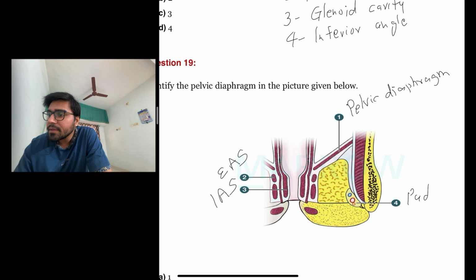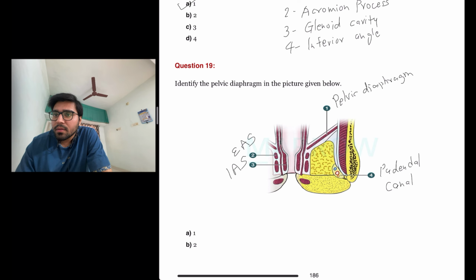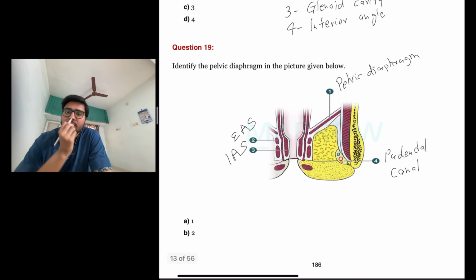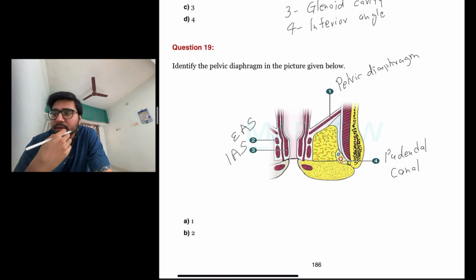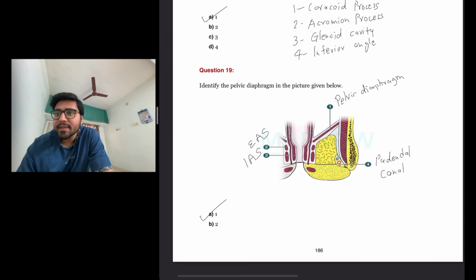And the fourth one is pudendal canal, which gives the space to pass out the pudendal vessels and pudendal nerve. So the pelvic diaphragm in the picture given below is number 1. That is, A is the answer.